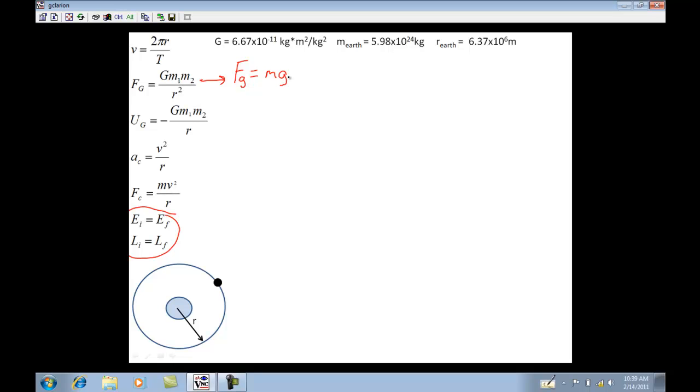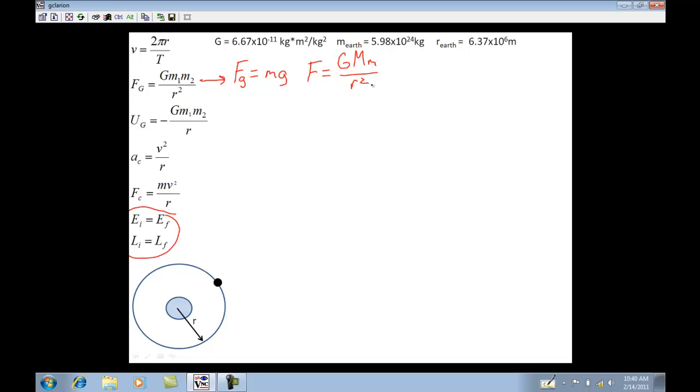Okay, so what that means is that the general equation for the force due to gravity, for two objects, is big G, and I'm going to change M1 and M2 to uppercase M for the planet, lowercase m for the mass, over r squared.